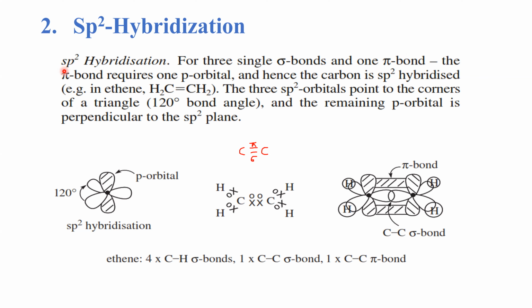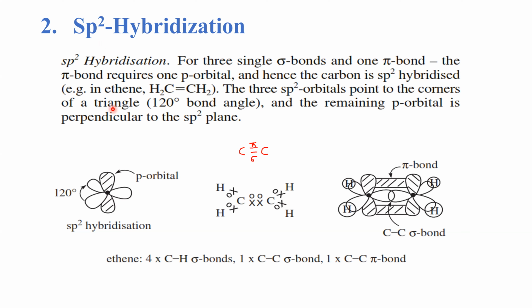Now in this case this is the 2p and 1s, so that is 33 and 66, right? So the three sp2 orbitals point to the corners of a triangle.